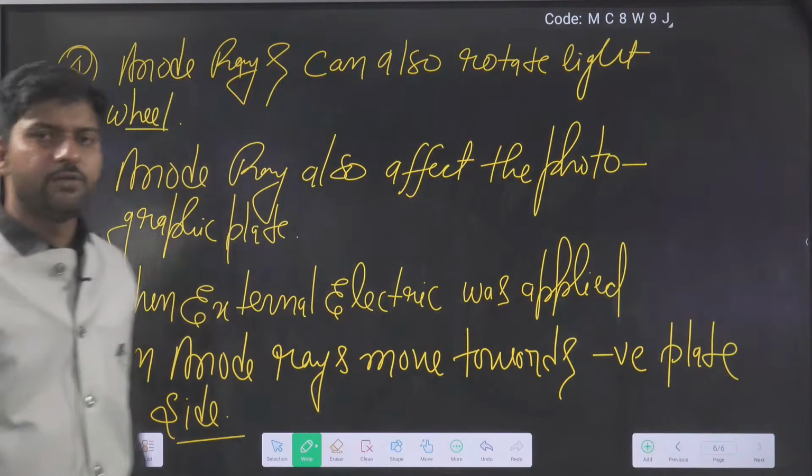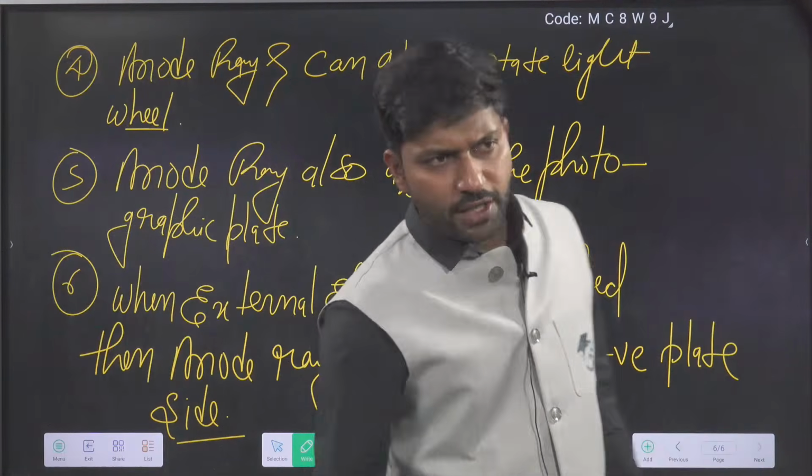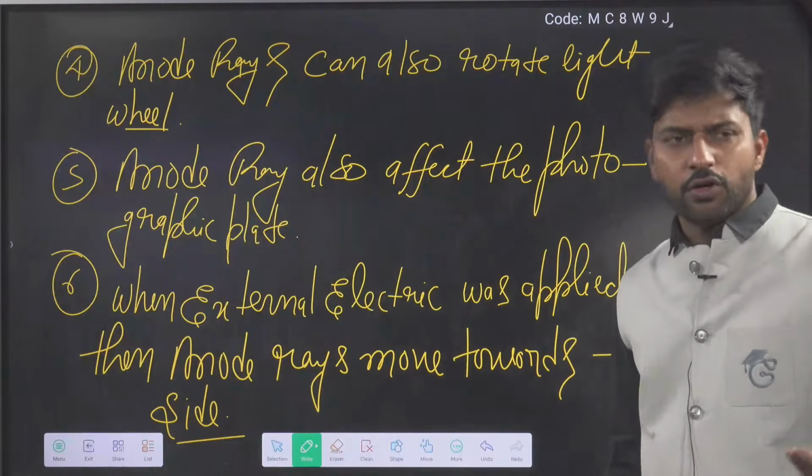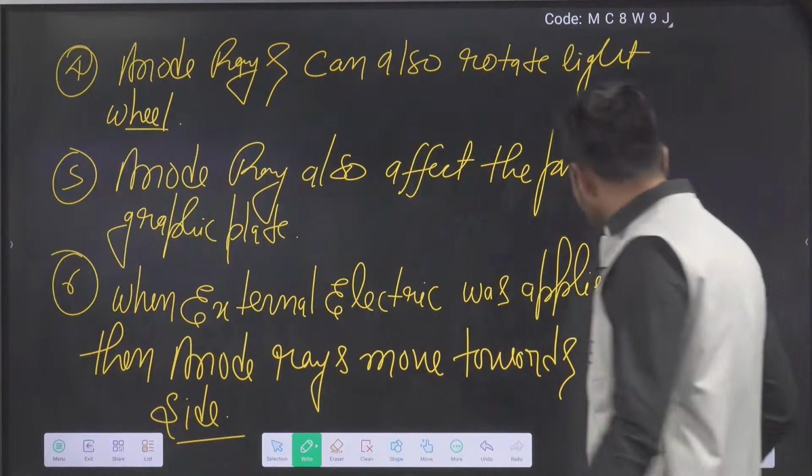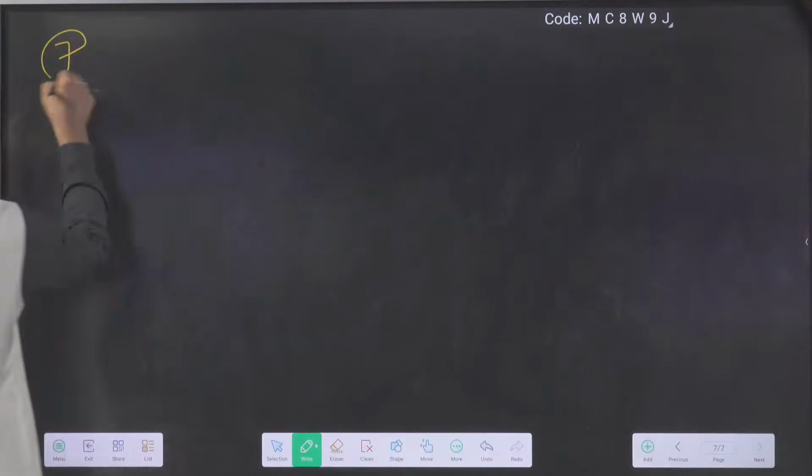So these are the properties of the anode rays. They can also ionize. This is also a point.